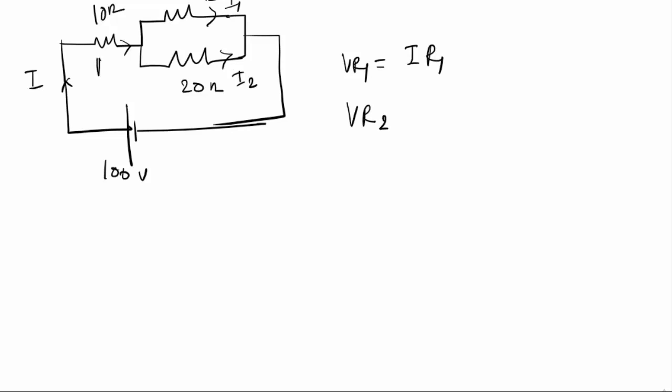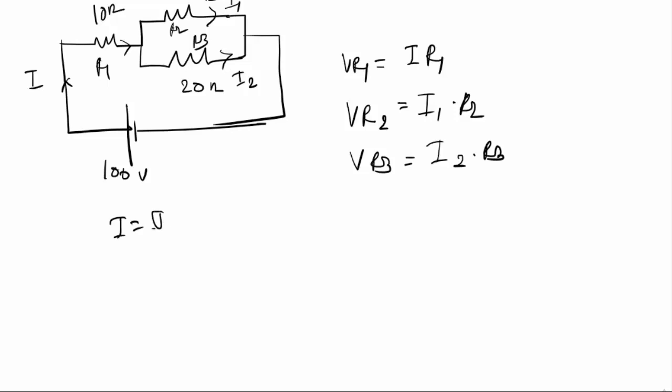this is a resistance R1, this is a resistance R2, and this is a resistance R3. So VR2 I can write as I1 into R2, and VR3 I can write as I2 into R3. Again I can write I equal to I1 plus I2.